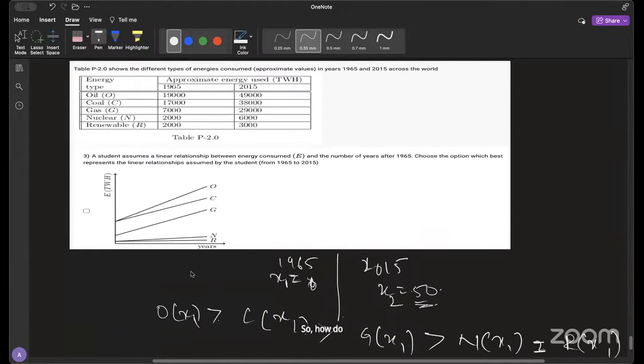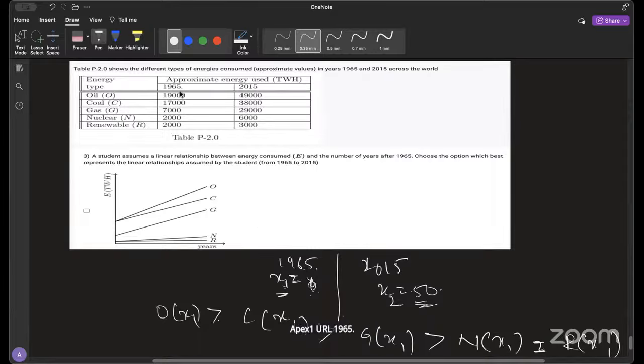So how do you get this? This O is a function of X, right? Where X is the number of years. So when you take X1 as 0, initially your OX1 is the greatest. 1965 is when X1 is 0.